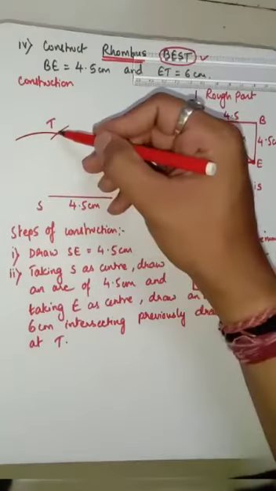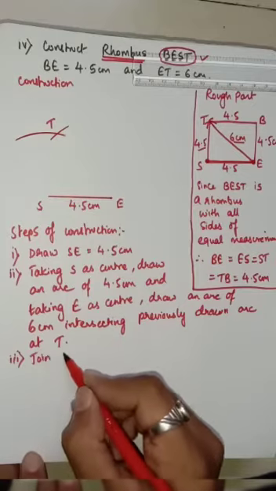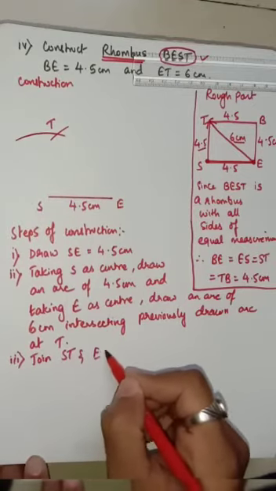Then we will join these two. So the third step is to join ST and ET.